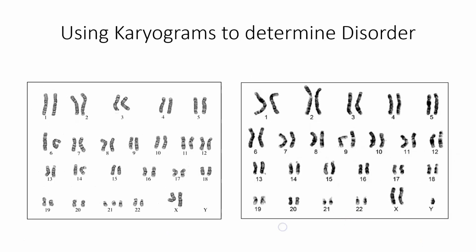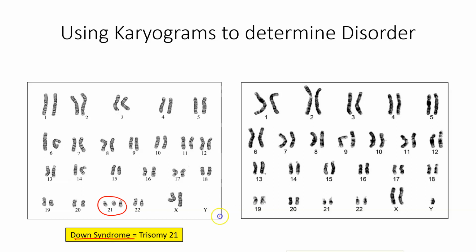XY, it's a male. Another one of the skills is to use a karyogram to determine a disorder. I have two karyograms again on this slide. You can see that the karyogram on the left is different than the one on the right. This can indicate a trisomy on the 21st chromosome, which indicates Down syndrome.